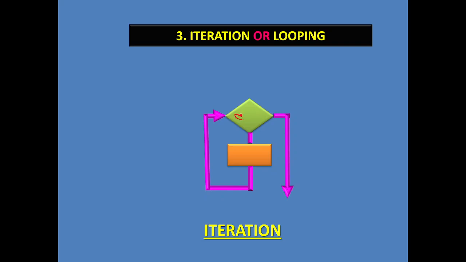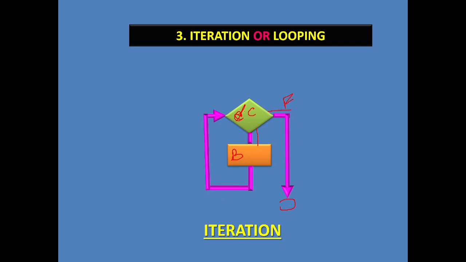Suppose this is the condition C, and this is the block of code. If the condition is true, this block of code will run, and if the condition is false, then it will come out of the iteration.